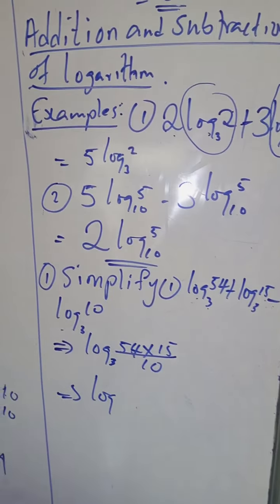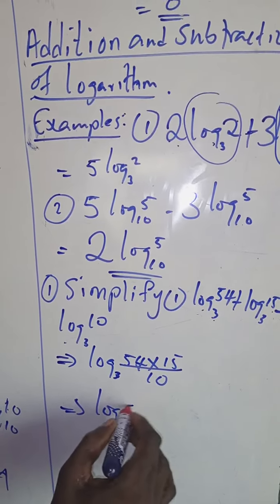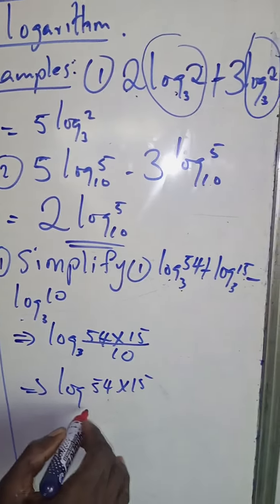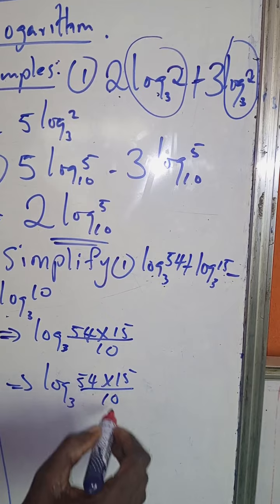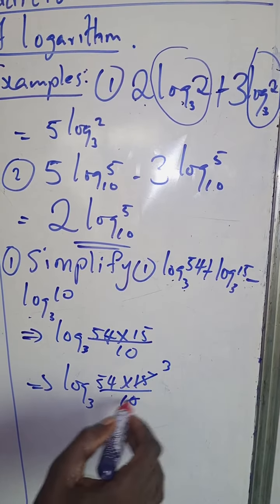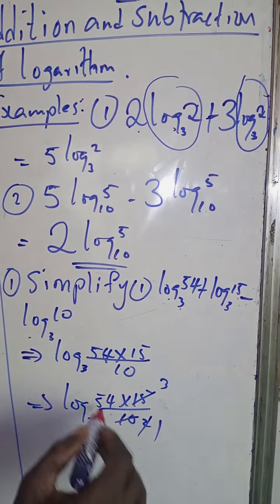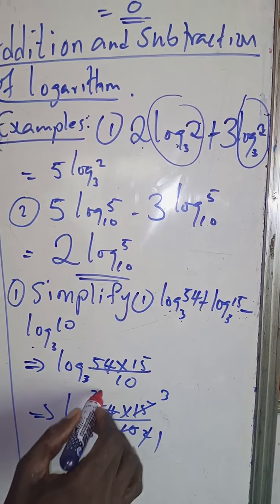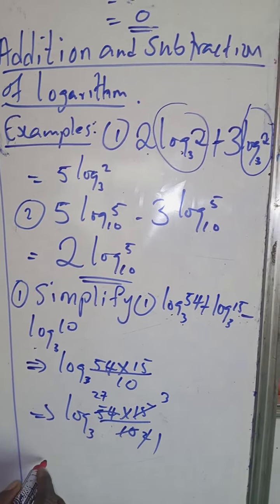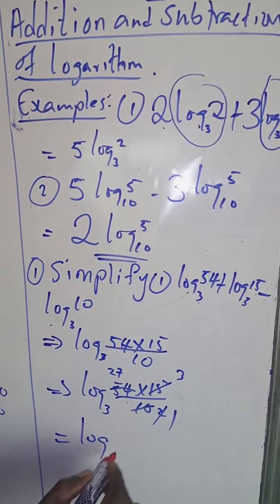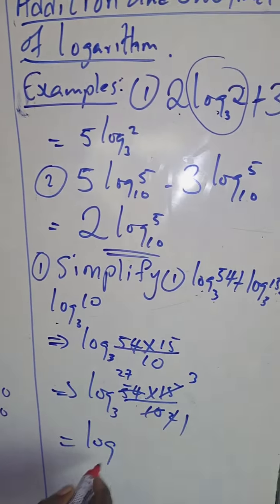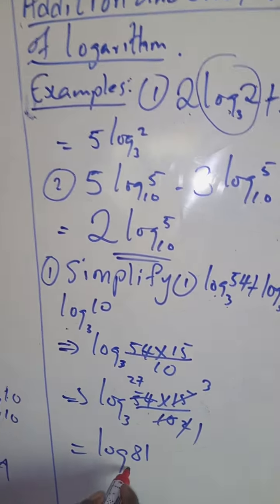Then we can now cut 54. We can divide: 5 here, 3, 5 here, 2, 2 here, 1, and that gives 27. So this will now finally give us log 27 times 3, which is 81.